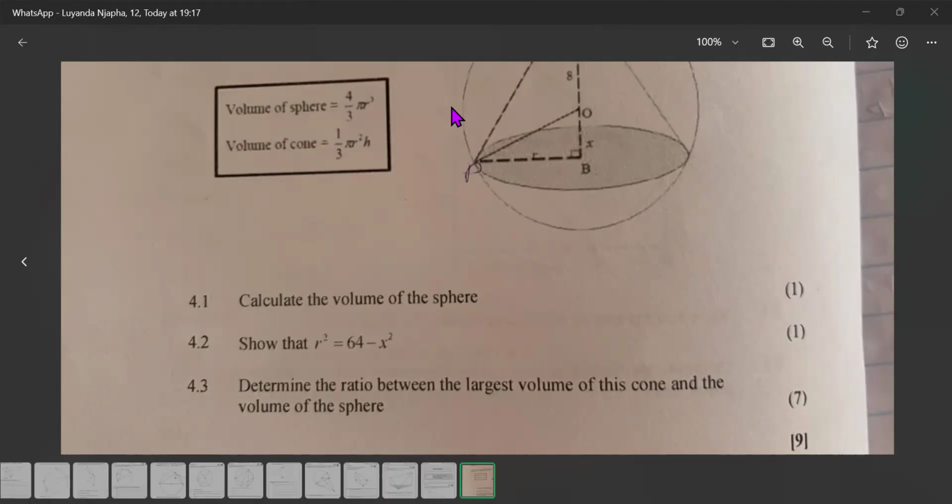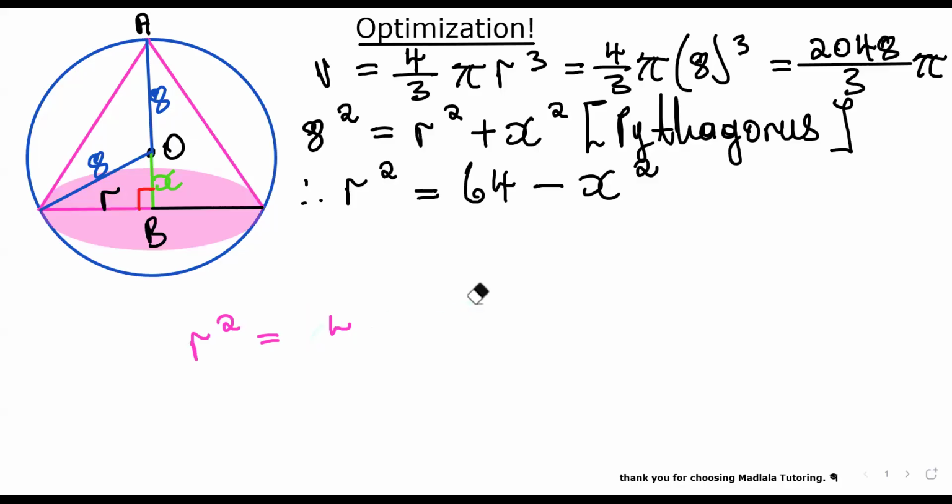But now, we don't know what's the volume of the cone, but we want to find the largest volume, which means we are maximizing the volume of the cone. That's the first thing we need to do. Okay, fine. So, how do we deal with this?